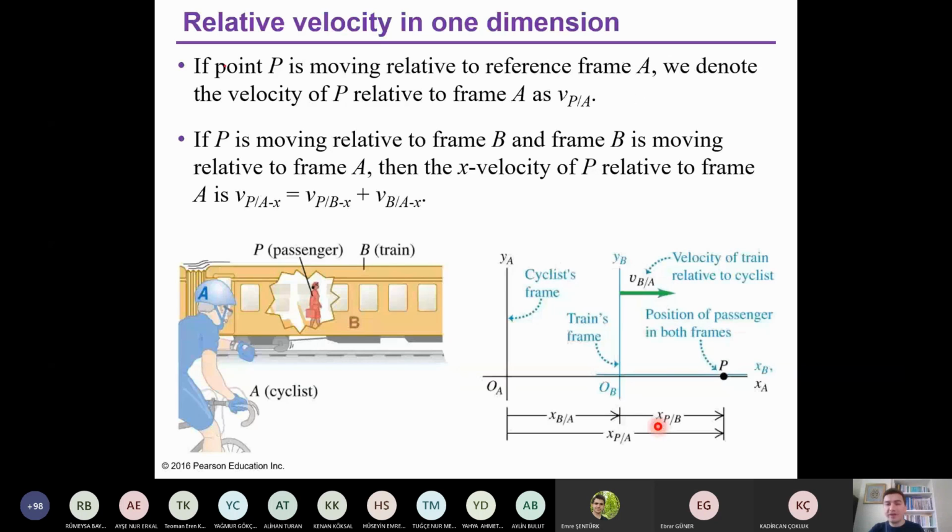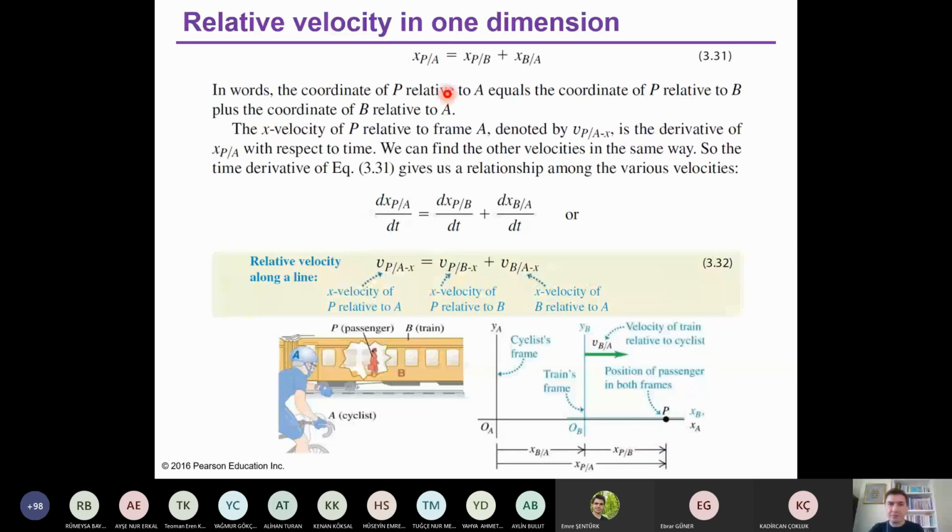If you would like to find the position of the passenger relative to the cyclist frame, we have this one. The position of the passenger relative to the cyclist frame is given by x_BA plus x_PB, right? So we have this relation.